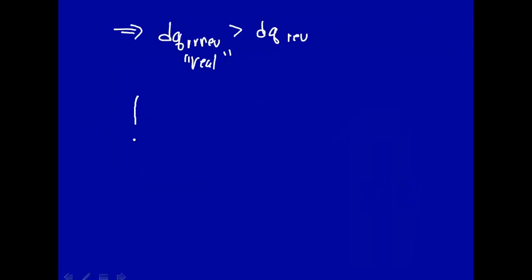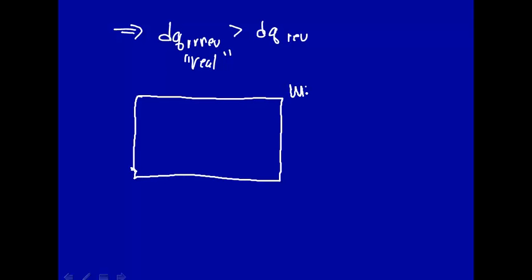Now let's consider an isolated system. Let's consider, in fact, the universe, which we're going to assume is isolated. In other words, there are no other universes around here which can exchange energy with our universe. All right, big assumption. If it's isolated, it can't exchange energy, so dQ has to equal 0.